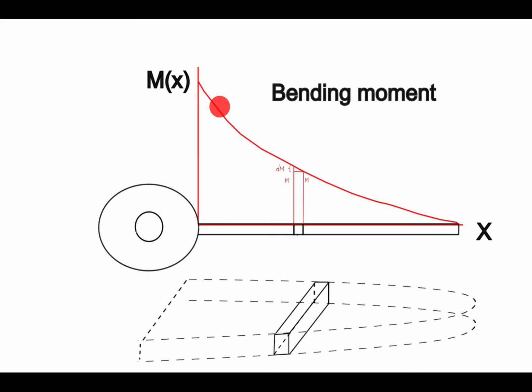This is the bending moment along the x direction, the change in bending moment along the x direction, and the right face supports a bending moment M, while the left face supports a moment M plus dM. It means they are different.